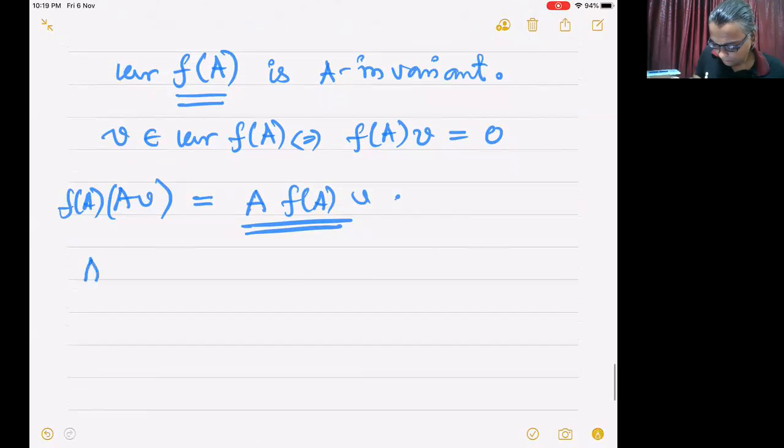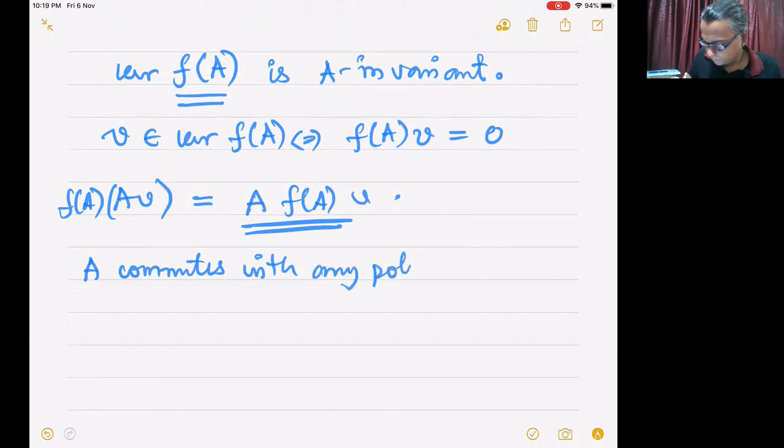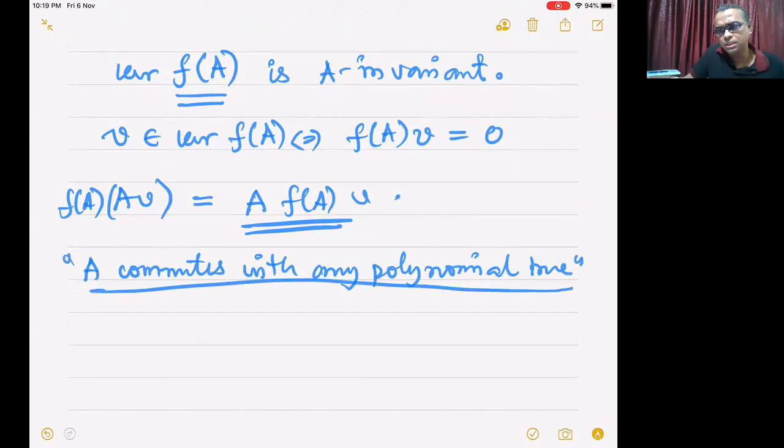This is very crucial, that A always commutes with its polynomial. A commutes with any polynomial. This commutation of operators is not always true, so it's very crucial to notice that this commutation will always happen here.